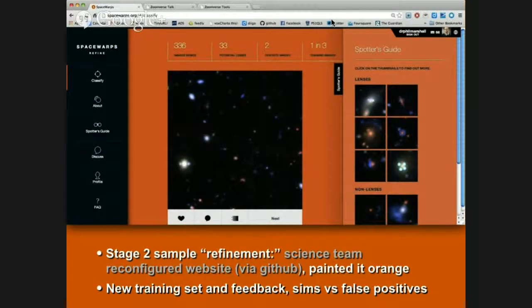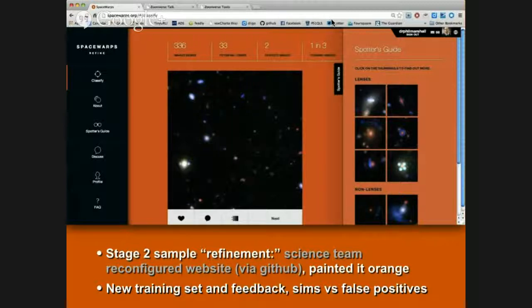Okay, so 3,381 is too many images for me to inspect by eye, even if it is, I don't know, a centi-Kevin or something. So we reconfigured the website to do a stage 2 classification. I put this slide up mainly to show how orange we painted the website when we were given control of the code.